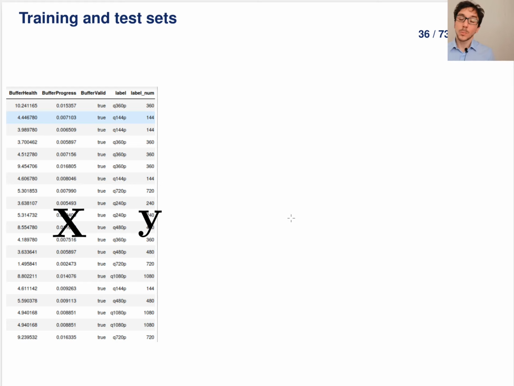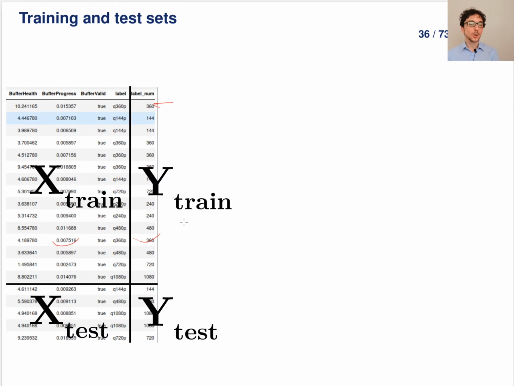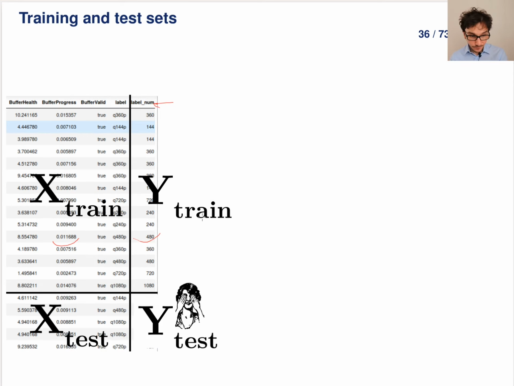To be sure that your model is able to generalize, this is what you should do. You are given a dataset with your features and your true label, and each row is a sample. You should first divide the dataset in two parts: the training dataset and the test dataset.